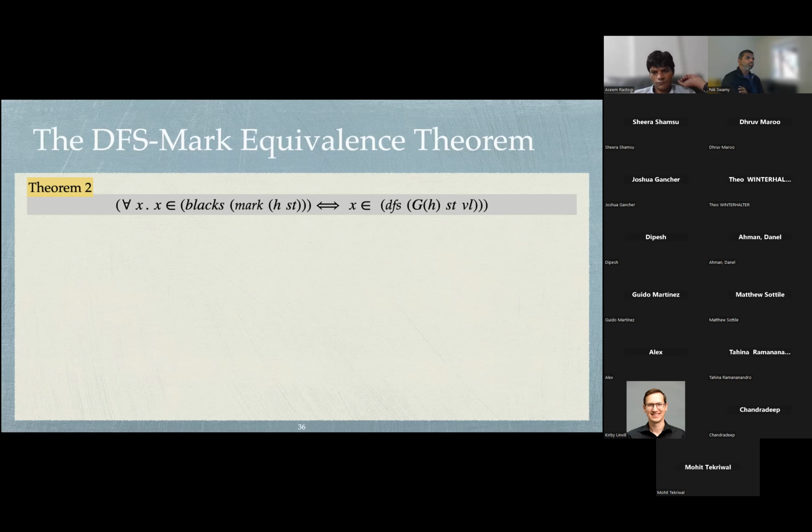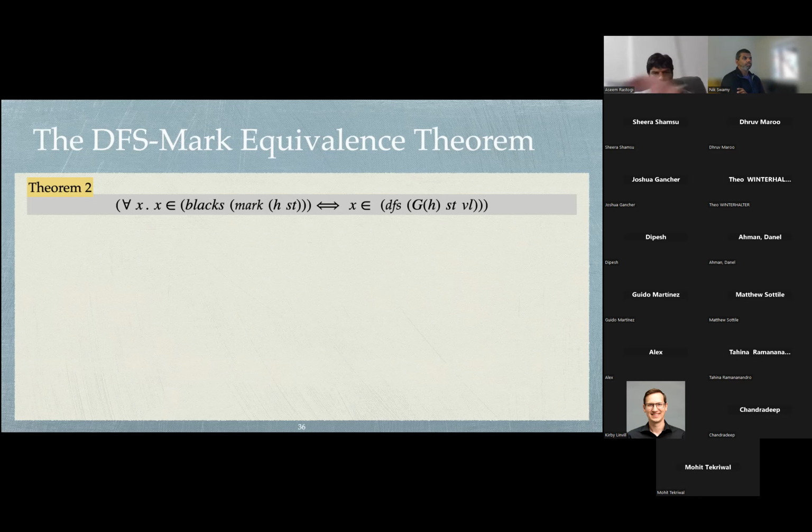All the black objects in that heap should be the objects in the visited set produced by DFS, and all the members in the visited set produced by DFS should be black in mark. So they are tied together.